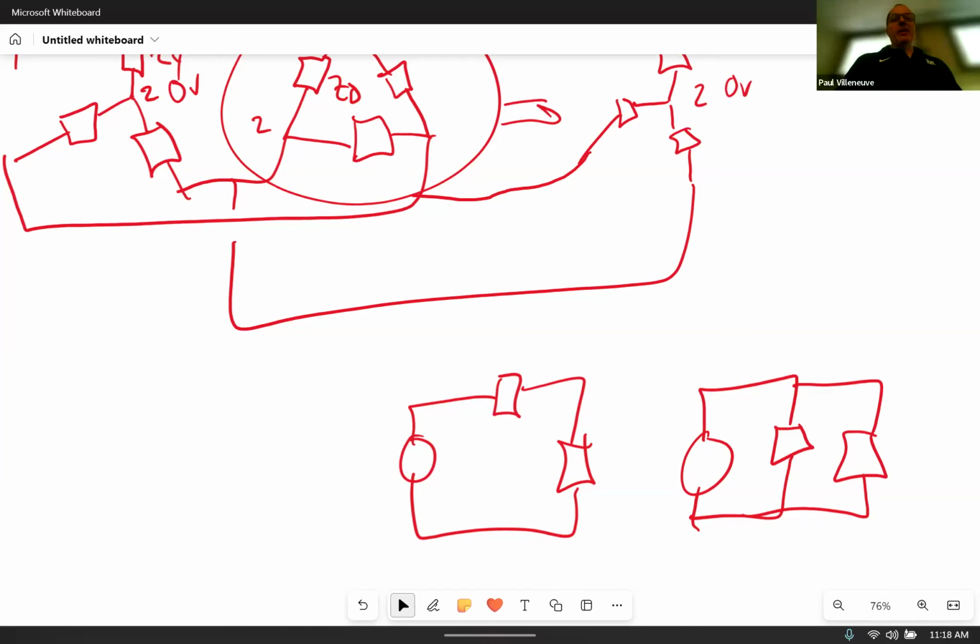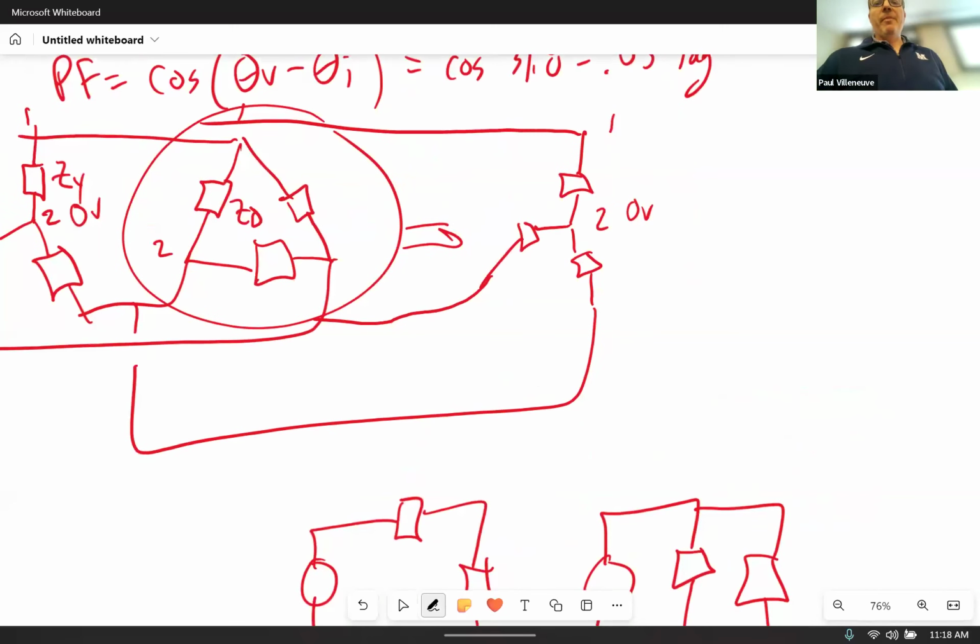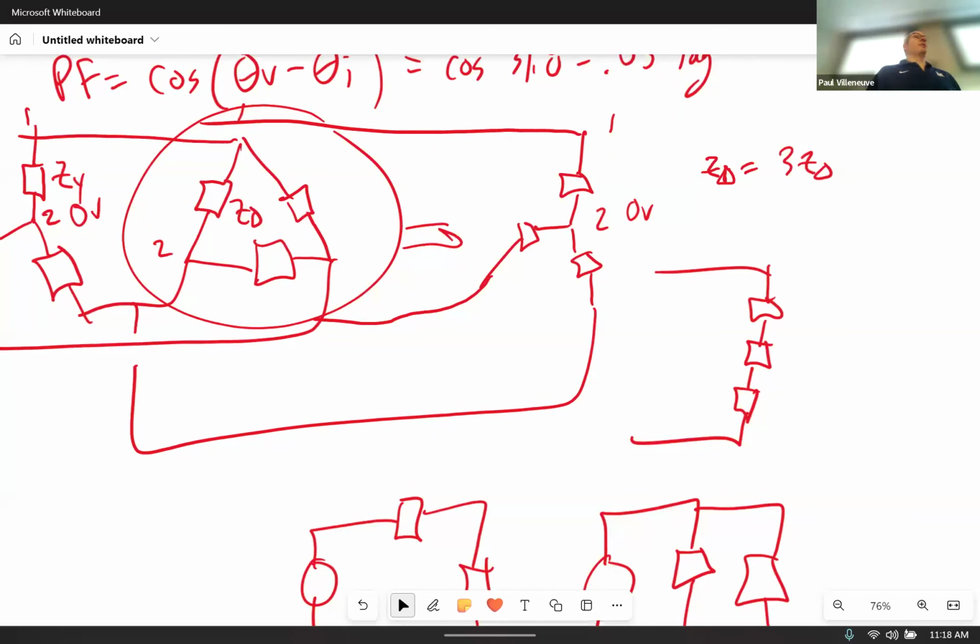This one I was a little bit concerned because some people said Z of the delta is equal to 3 times Z of the delta, or Z of the Y is equal to 3 times Z of the Y. No way. They are not in series with each other. In series would imply that you only have this, right? First off, you wouldn't have a three-phase power system.